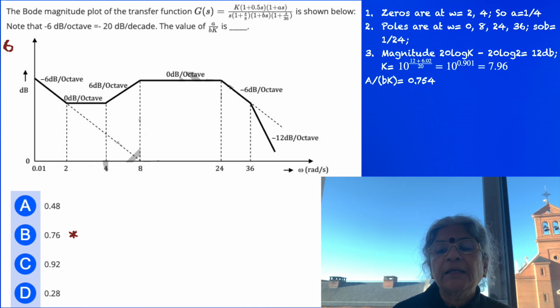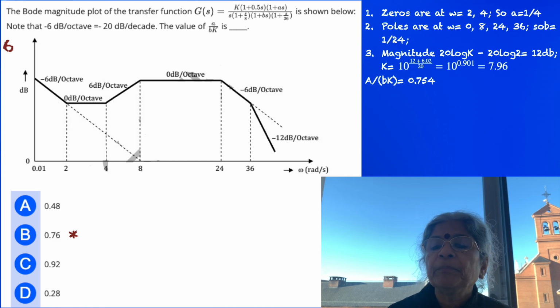So now we see that 20 log K, which is the initial portion, minus 20 log 2, because it is associated with the pole, is equal to 12 dB. So the gain at omega equal to 2 is equal to 12 dB, and it's given by K by S. That's the reason why 20 log K minus 20 log 2, where S is equal to omega and omega equal to 2, is equal to 12 dB.